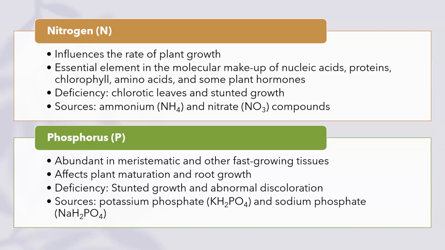Nitrogen deficiency is normally characterized by chlorotic leaves and stunted growth. Excess nitrogen promotes vigorous growth but can suppress flower and fruit development. Common sources of nitrogen for tissue culture media are ammonium and nitrate compounds.